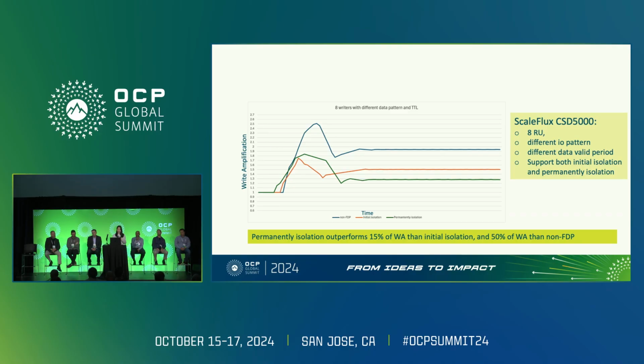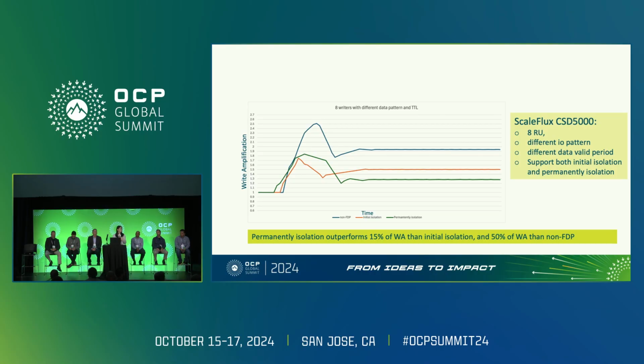In the graph, we can see that the WA, or WAF, or write amplification, stays at one, and then it starts to rise when the internal data movement starts, and they eventually enter a stable state. By comparing the results from the stable state, we can see the permanent isolation outperforms initial isolation by 15% in WA, and non-FDP by 50%.